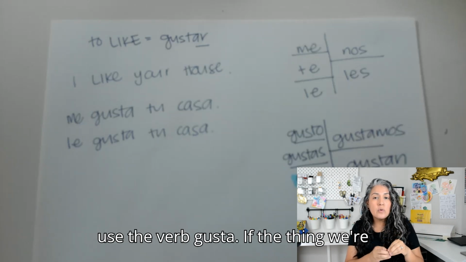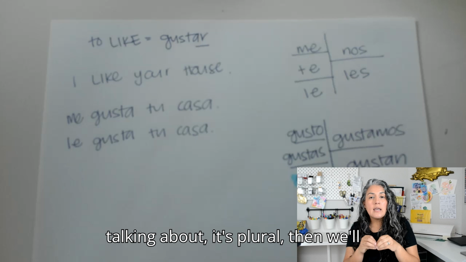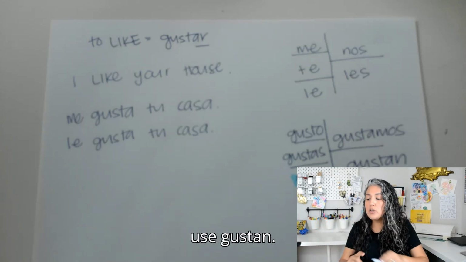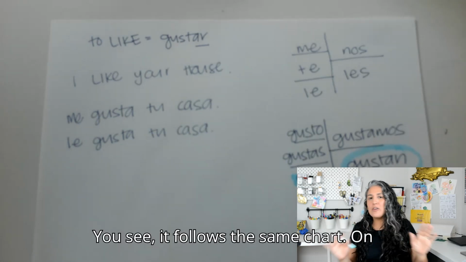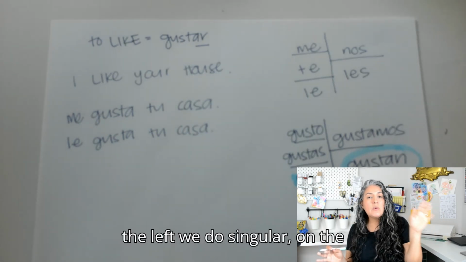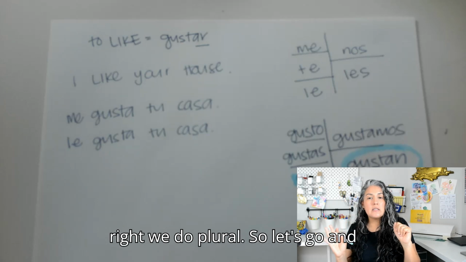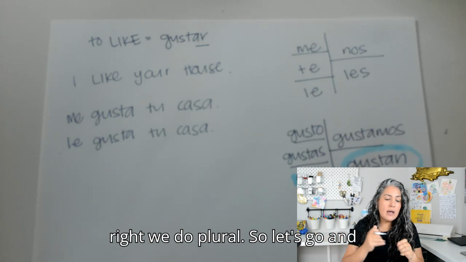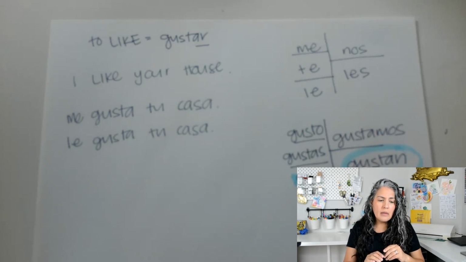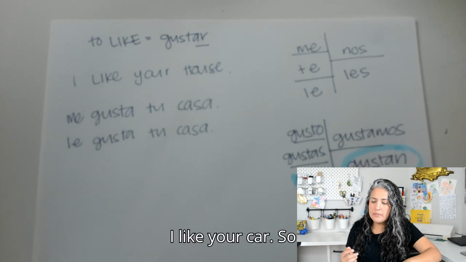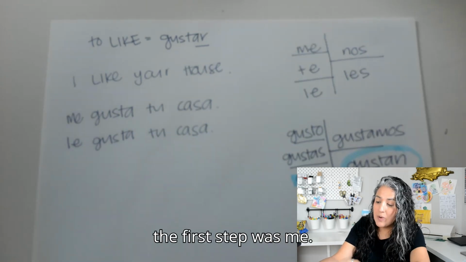If the thing we're talking about is plural, then we'll use gustan. You see, it follows the same chart. On the left, we do singular. On the right, we do plural. So let's go and say more sentences. For example, I like your car. So the first step was me.